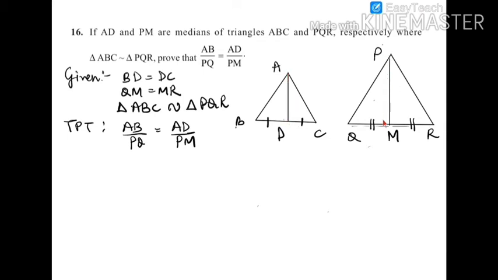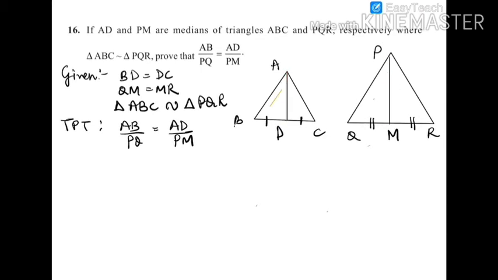If you look at the numerators of these ratios, AB and AD form the sides of triangle ABD. And if you look at the denominators, PQ and PM form the sides of triangle PQM. So in order to show these ratios equal, we need to show these two triangles similar.